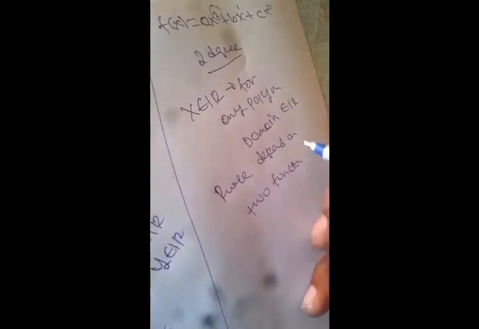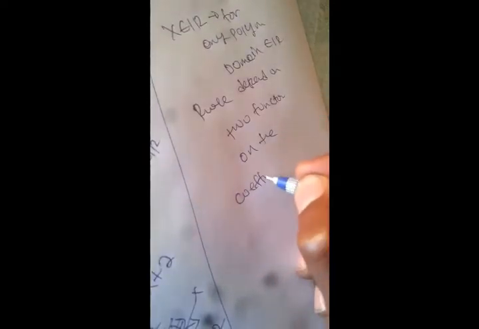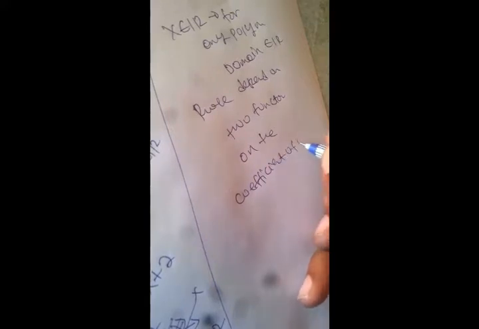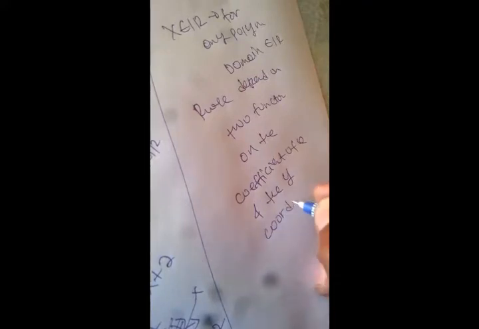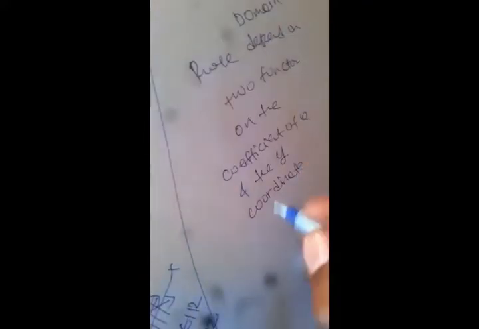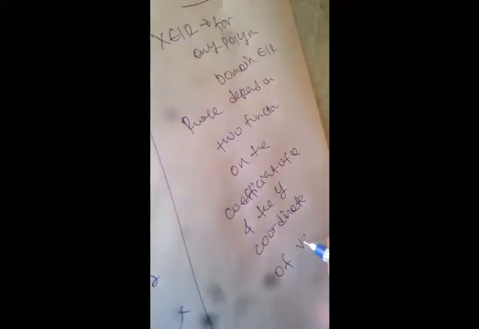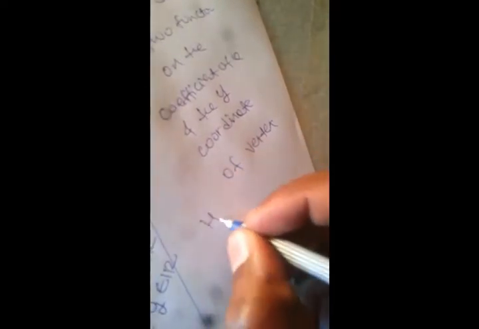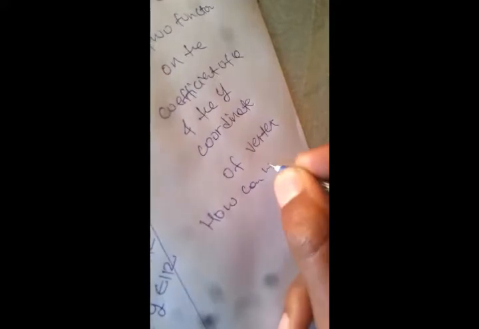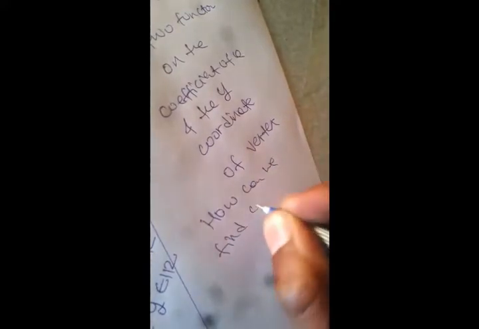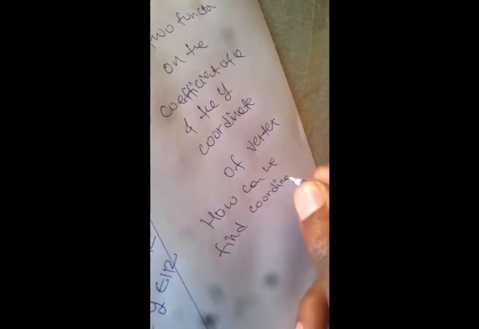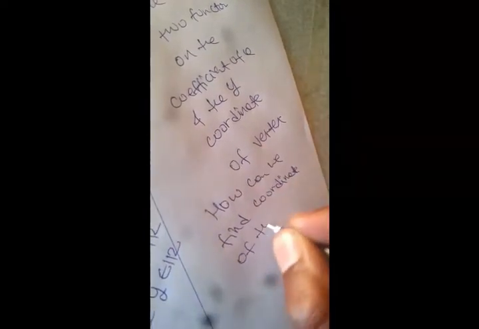The first one is on the coefficient of a and the y coordinate of the vertex. So how can we find the coordinates of the vertex?